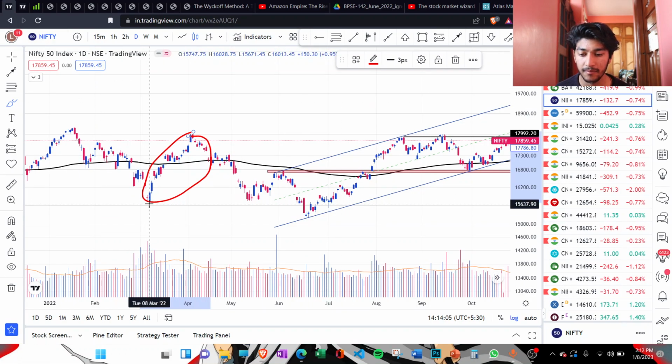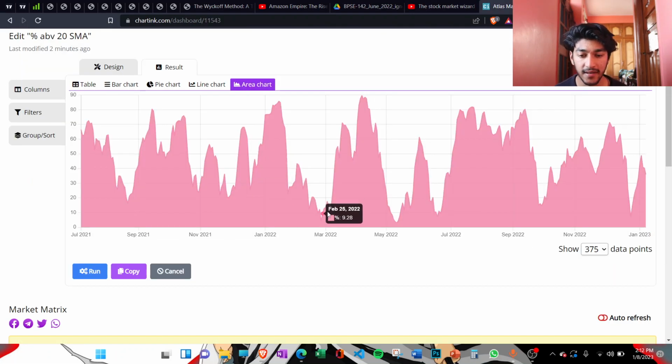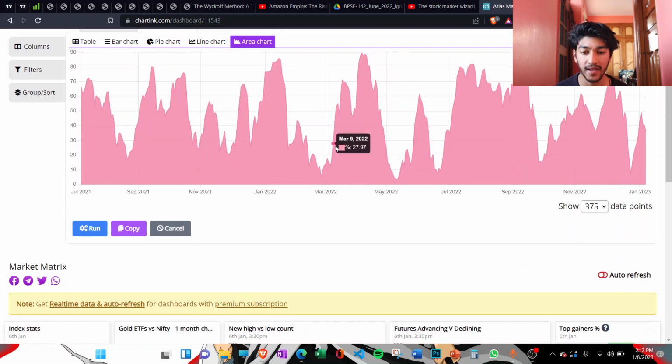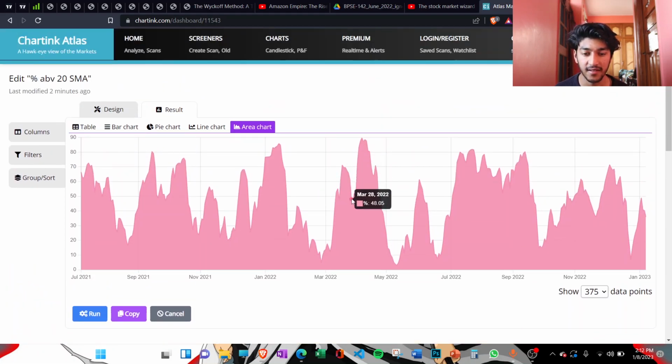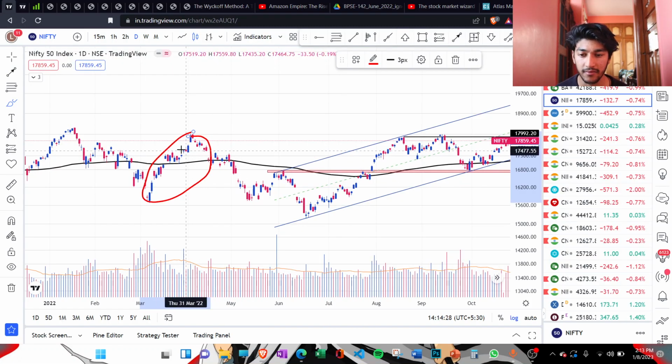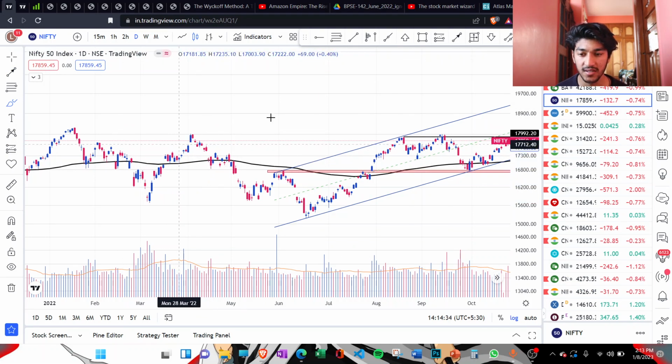After that, forming the bottom on 8th March, the market started going up, up, up, and if you see, it topped around 5th April. What happened here? The number of stocks above their 20-day simple moving average started rising, and then there was a dip that came around 29 March. This was the time when the dip came, this small region here.